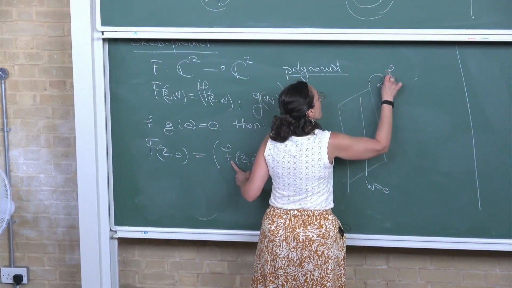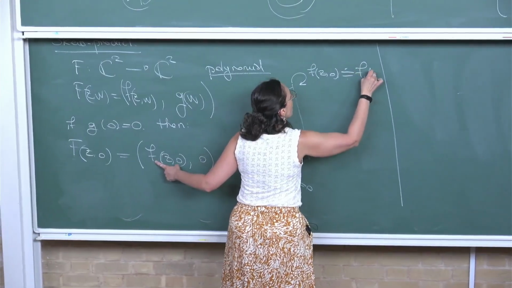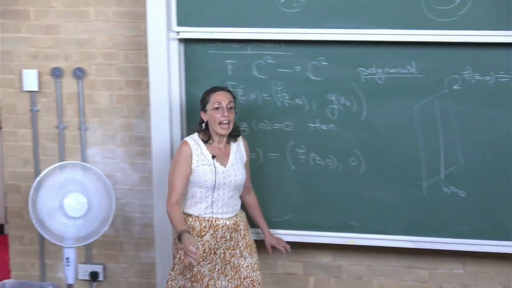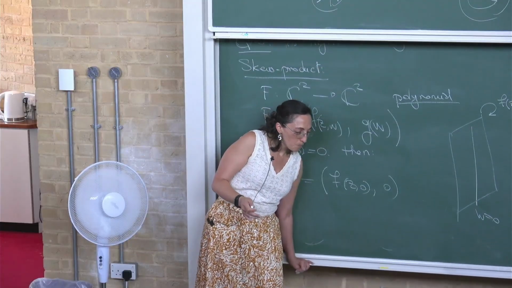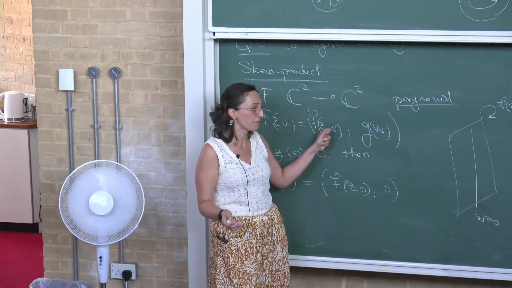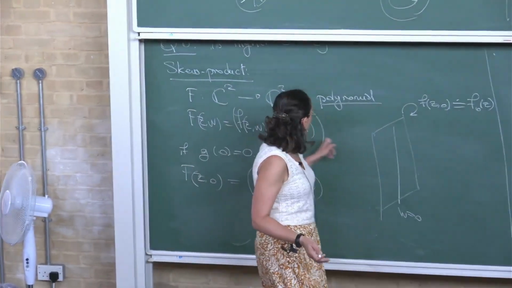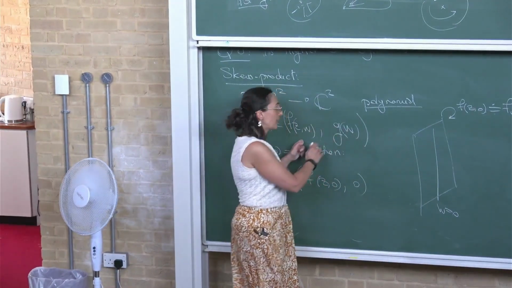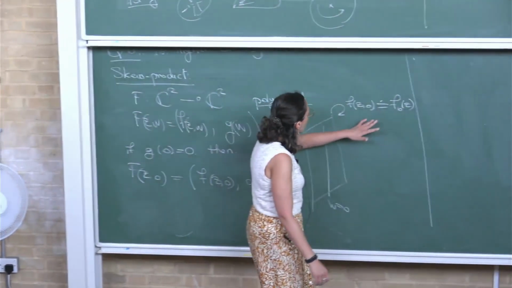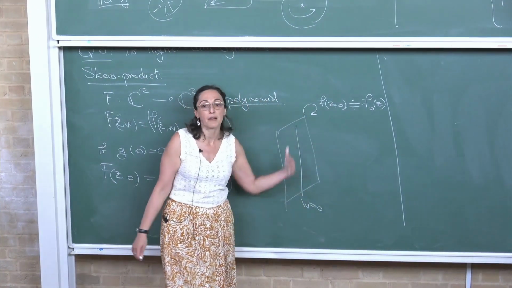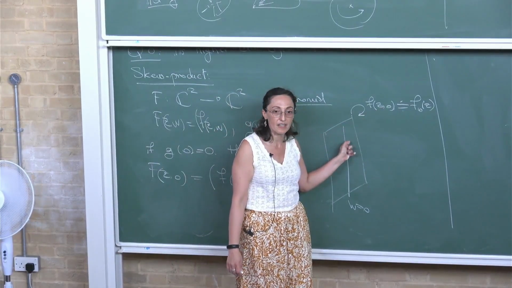So I have f of z, 0 that I'm going to call f_0 of z, as if it was a one-parameter family. If w was a parameter, it's just that it's not varying autonomously. Whenever you change w, it's changing when you iterate. But if w is 0, then I have this one-dimensional space, and again a polynomial map on this guy.